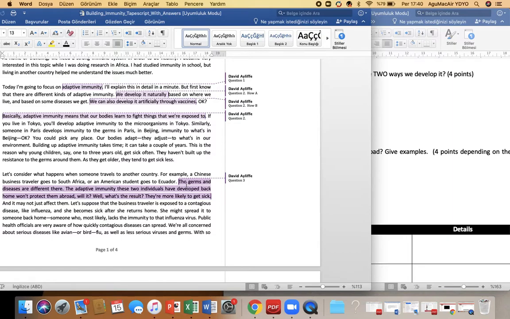Okay, the germs and diseases are different there, right? The adaptive immunity these two individuals have developed back home won't protect them abroad. And the result is they get sick. They are more likely to get sick.